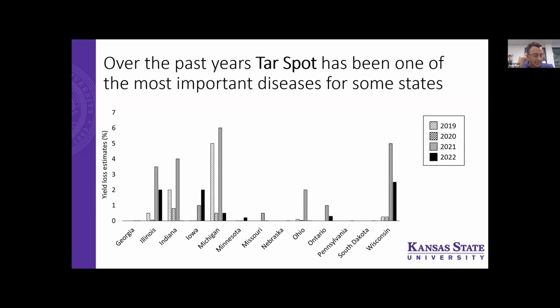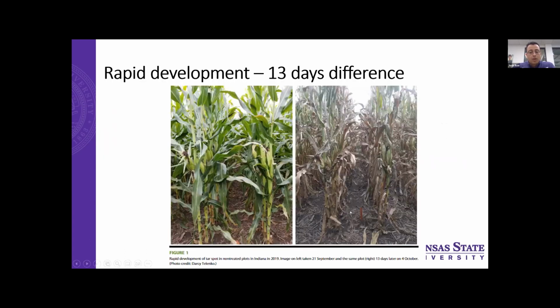And Nebraska just started in 2021. In the 2022 season, I was there with Tamara. We visited a few fields where the disease was catching up. Something for us to keep in mind: this disease does have the potential to cause a significant yield impact, but we still don't have much information from Kansas.